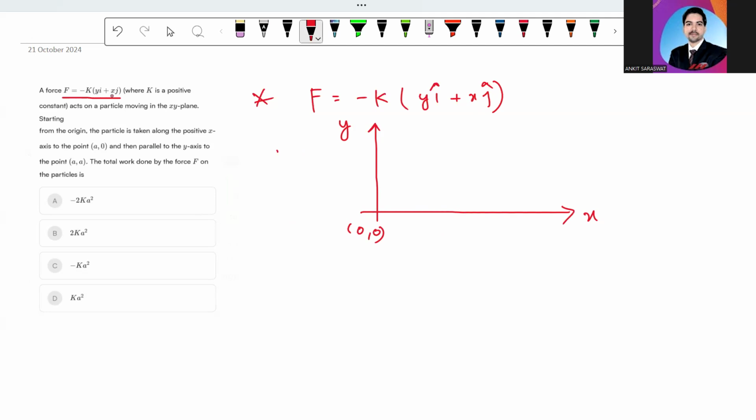Starting from the origin, the particle is taken along the positive x-axis to the point A, which is (a, 0) as per the question. After this the particle is moving parallel to the y-axis to the point (a, a), this point B.